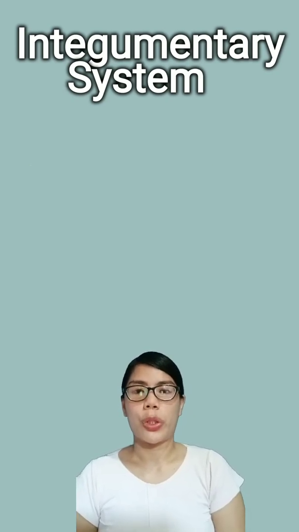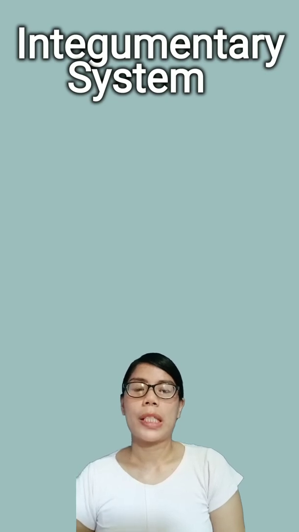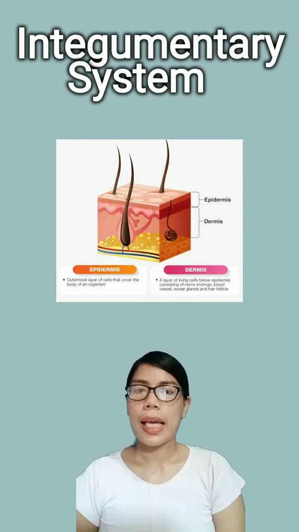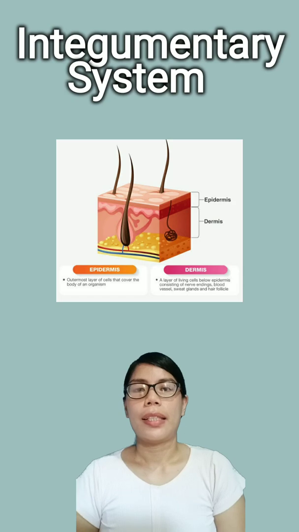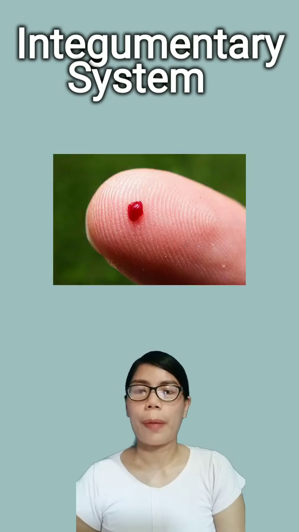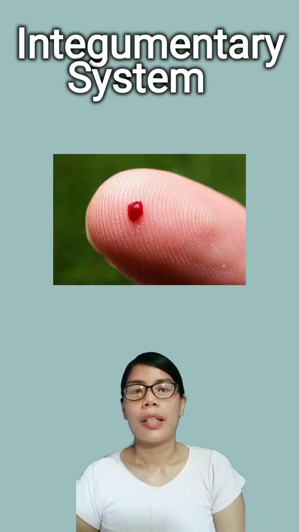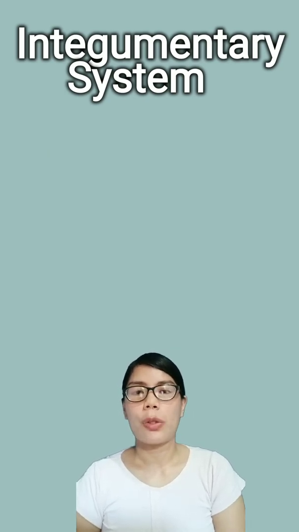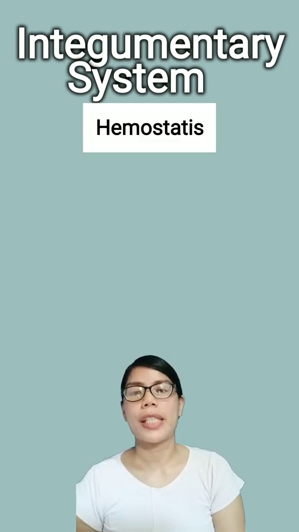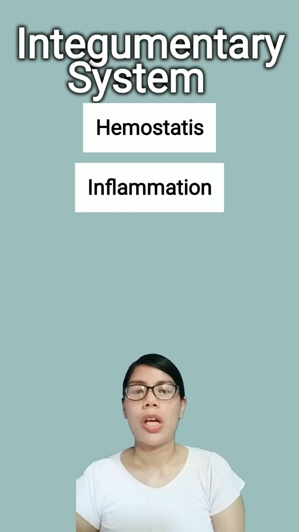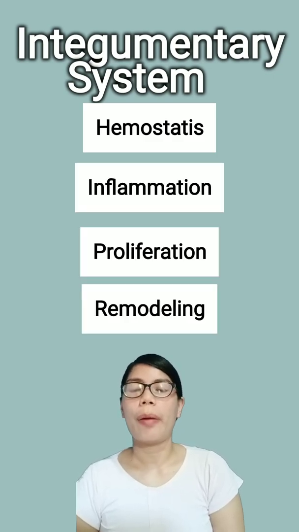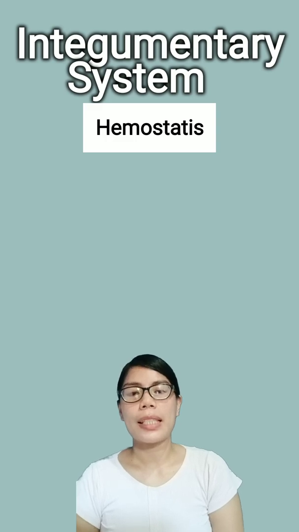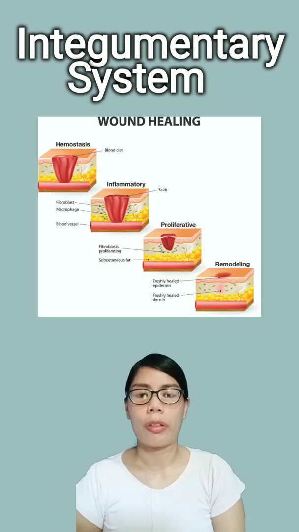How do wounds heal? Usually, when you are injured, two primary layers of skin are damaged, the dermis and the epidermis. Then the underlying blood vessels are disrupted, which causes the wound to bleed. There are four phases of wound healing: the hemostasis, inflammation, proliferation, and the remodeling. Hemostasis is when the wound is closed by clotting.